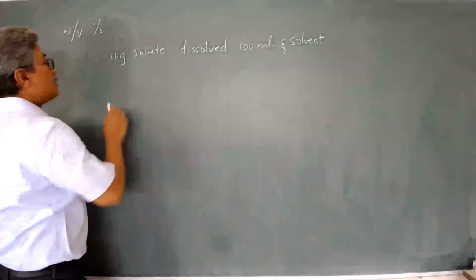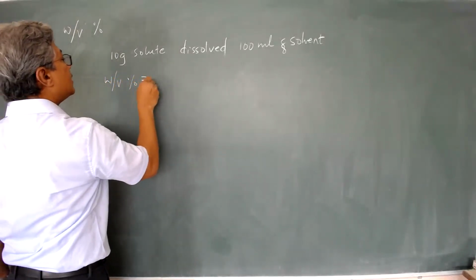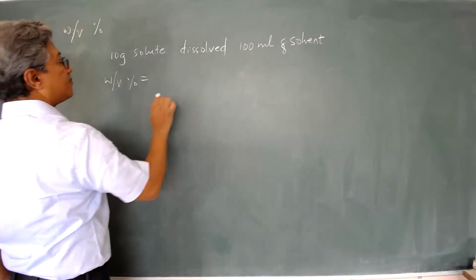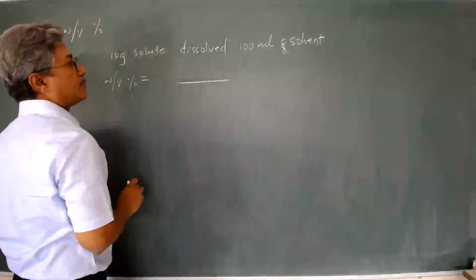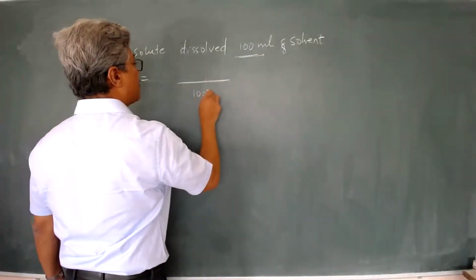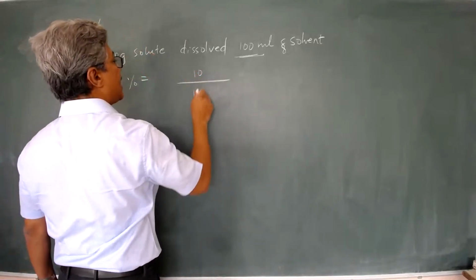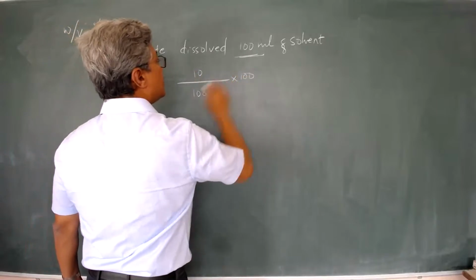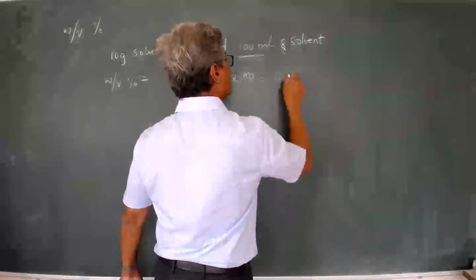Then what is the mass by volume percentage? See students, what is the total weight of the solution? Here 100 ml is taken. This is 100, and weight of solute is 10. Then into 100, this gives us 10%.